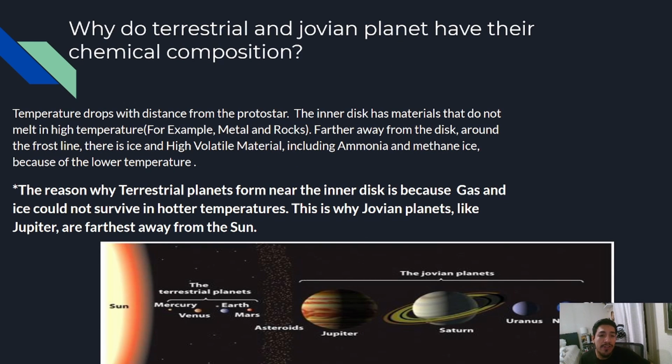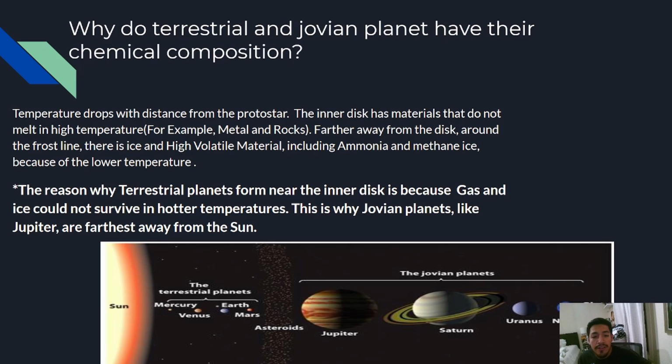So why do terrestrial and Jovian planets have their chemical composition? Well, the temperature drops with distance from the protostar. The inner disk has materials that do not melt in high temperature. For example, metal and rocks.